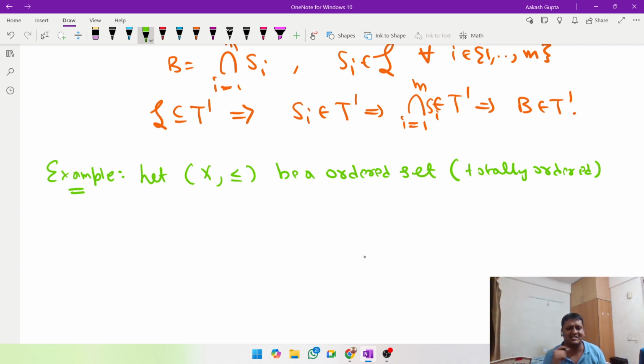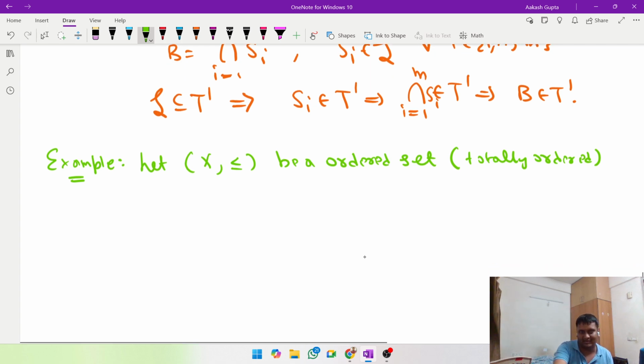This terminology is, I think, in Robert G. Bartle, Real Analysis. So I can trust you know a lot about ordered sets. And in ordered sets, we can talk about intervals, right? Like we do in R. So let me define something.